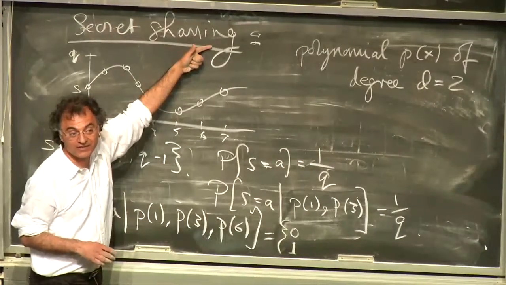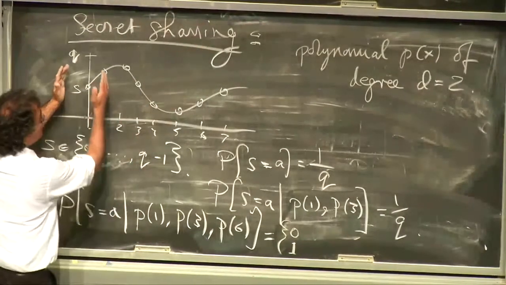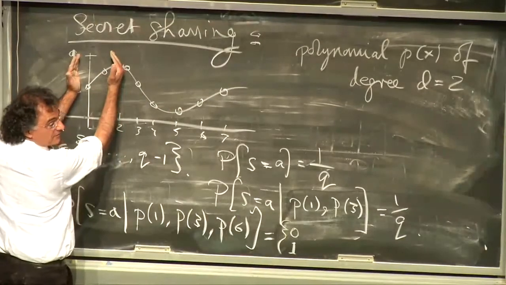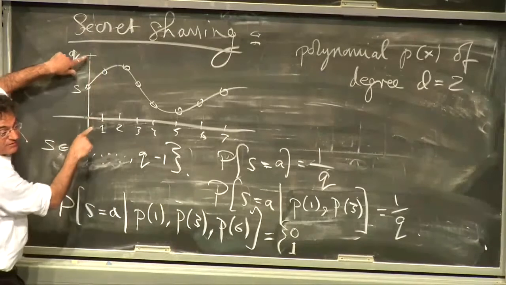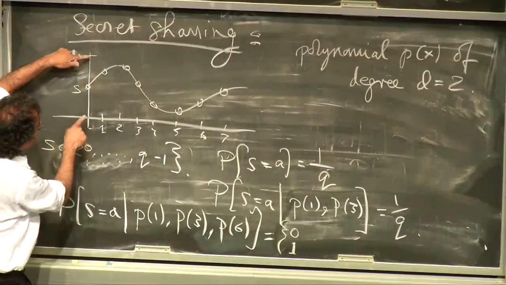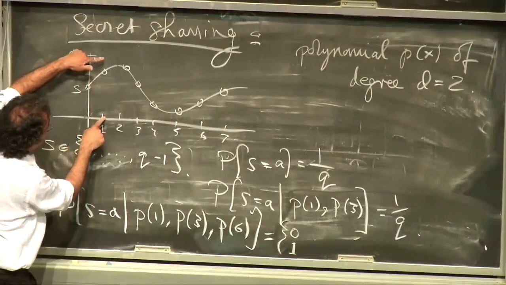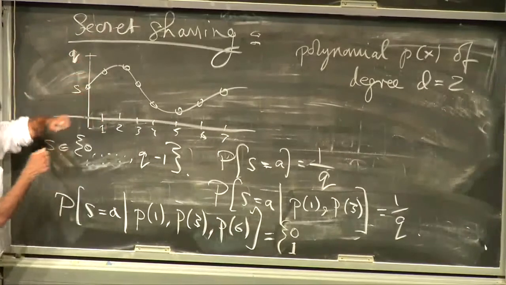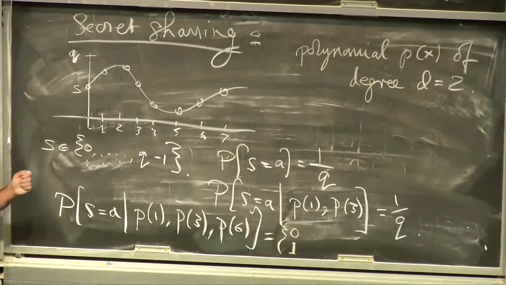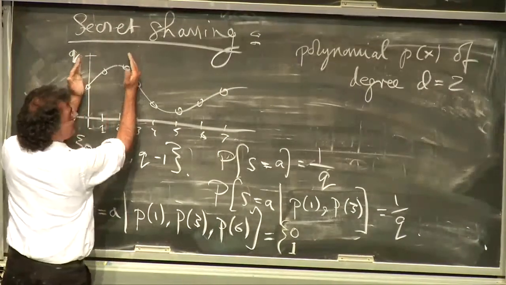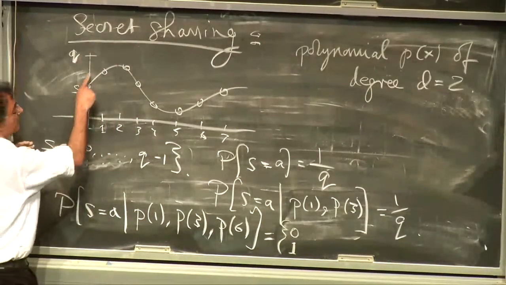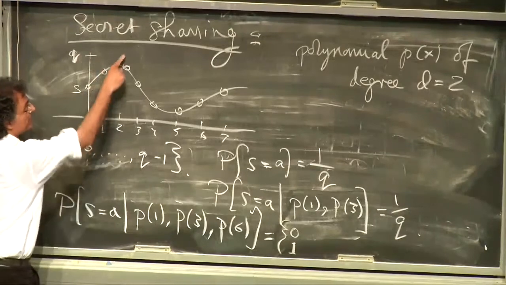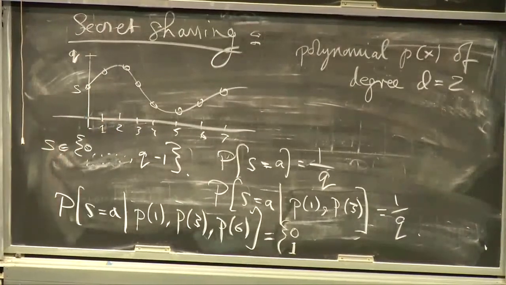Okay? All right, but now let me look at 2 of them together. Again, they're both going to be random. So it's going to be as though I picked S uniformly at random and I picked P of 1 uniformly at random, independently of each other. What if I look at 3 of them? Still random. Right? It's as though this was picked randomly, this was picked randomly, and this was picked randomly.